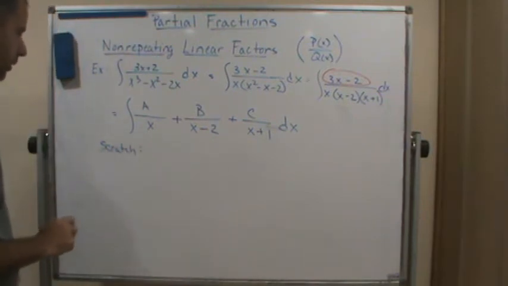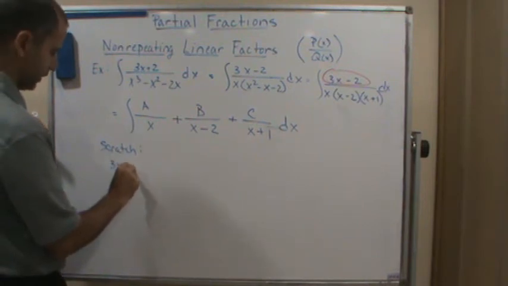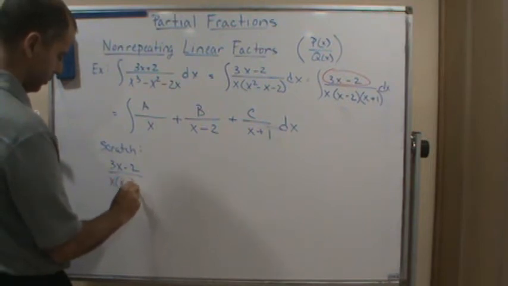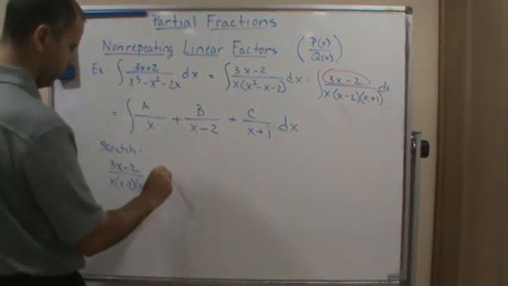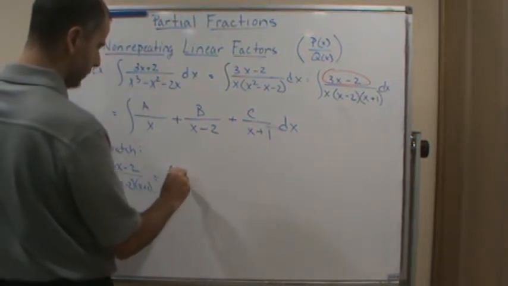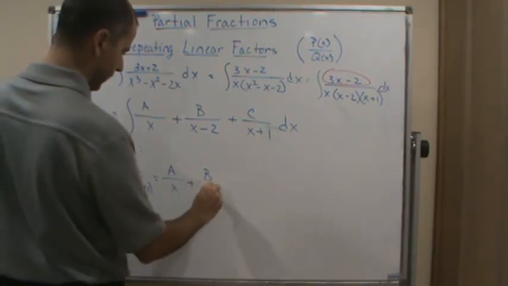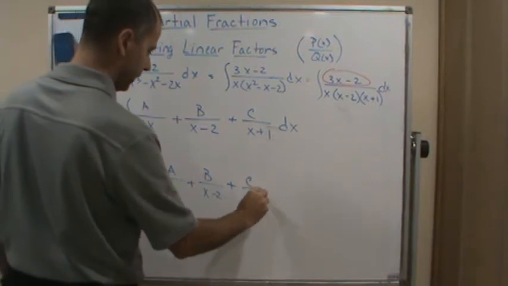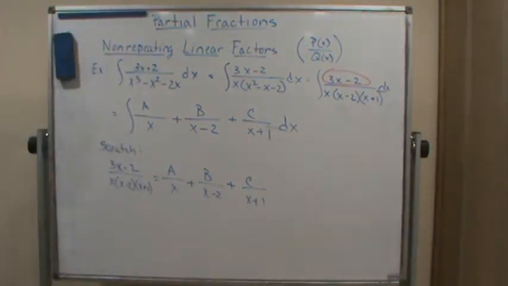Okay, so what I'm going to do is write 3x minus 2 over x times x minus 2 times x plus 1 equals a over x plus b over x minus 2 plus c over x plus 1. Okay, so there's my equation.